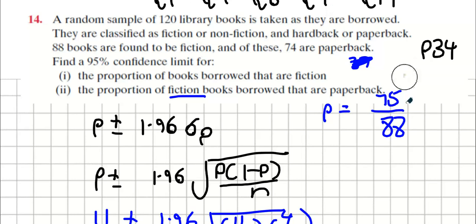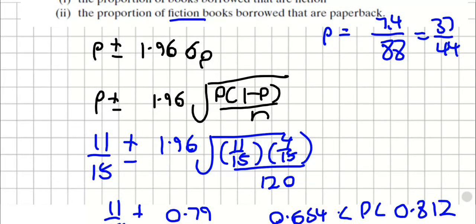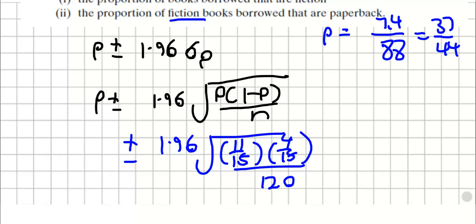And what's 74 over 88 broken down? 37 over 44. Will everybody try this one now? So we do the exact same technique as last time, except our fraction has changed. Ready? So what we're going to get is 37 over 44, then another 37 over 44. What's 1 minus 37 over 44?